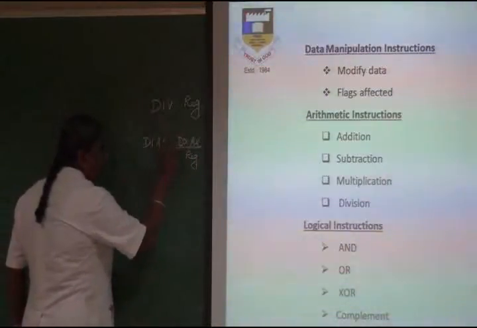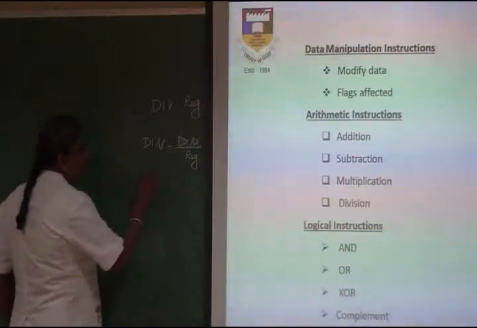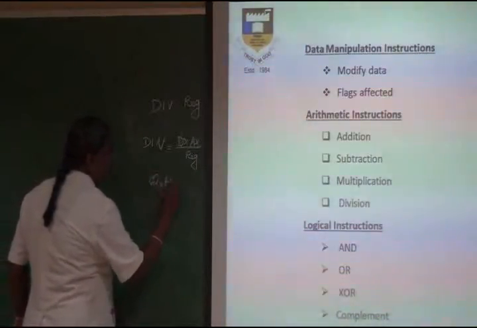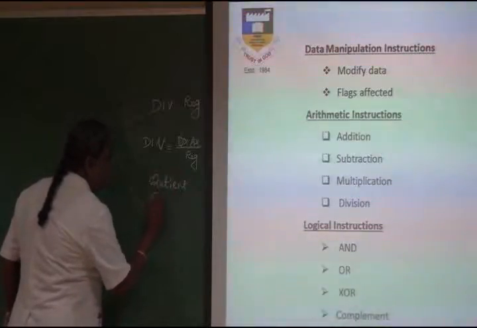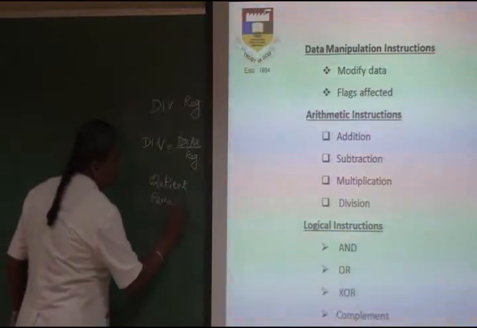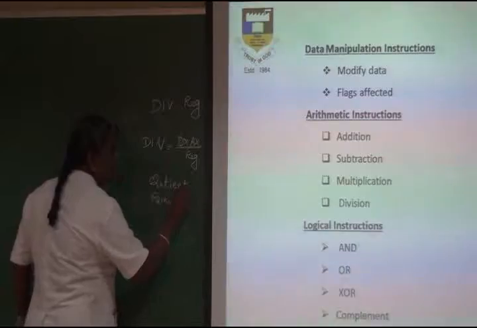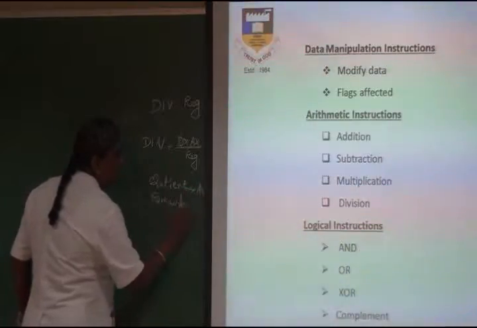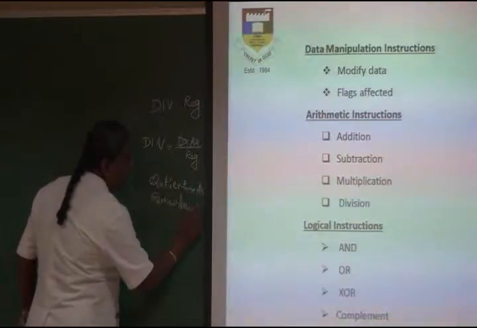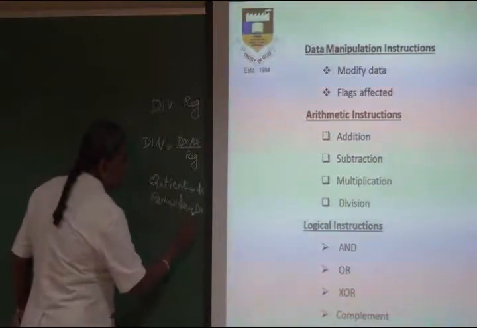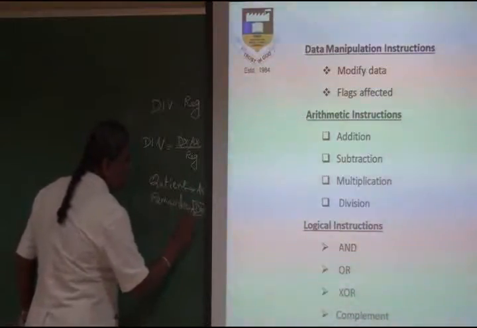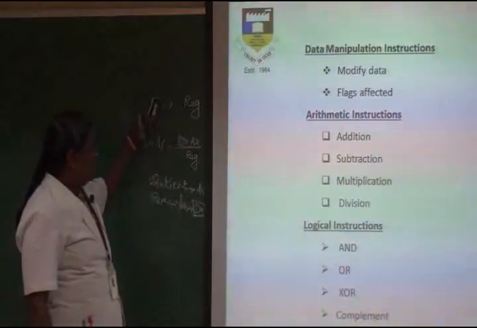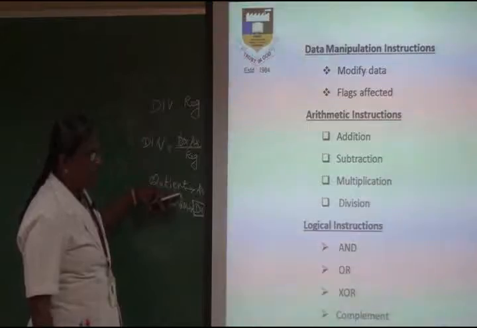During division we will get the answer as quotient and remainder. This quotient is stored in AX register and the remainder is stored in DX register. So the DX register has a special function used for multiplication and division.